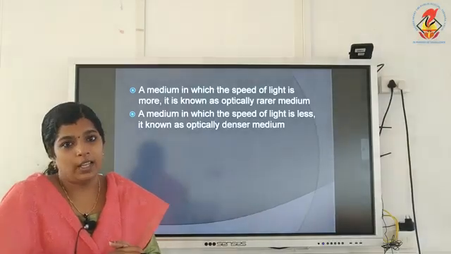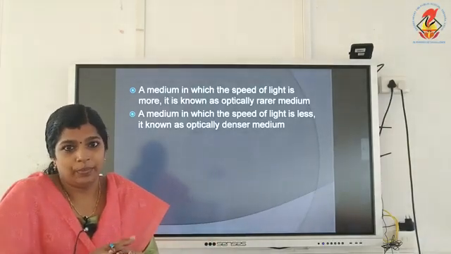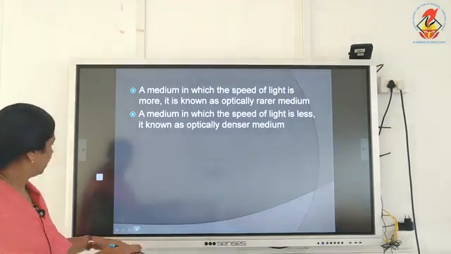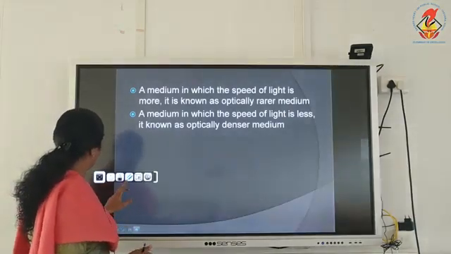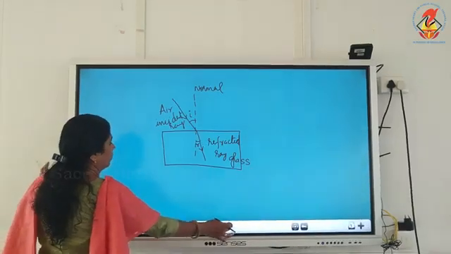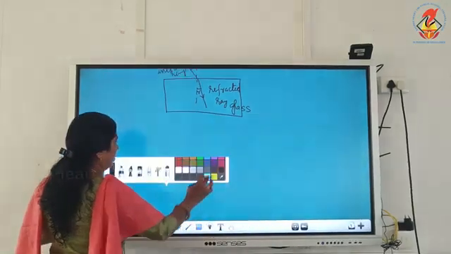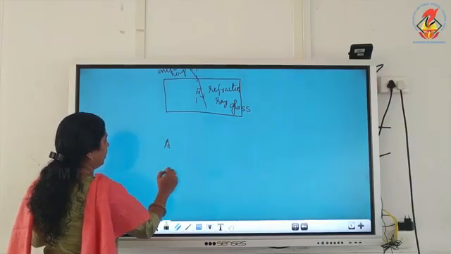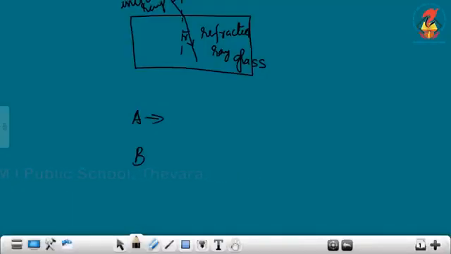If you consider two media, A and B, in this one the speed of light is more and in this one the speed of light is less. So, this one is the optically rarer medium, and this one is the denser medium.